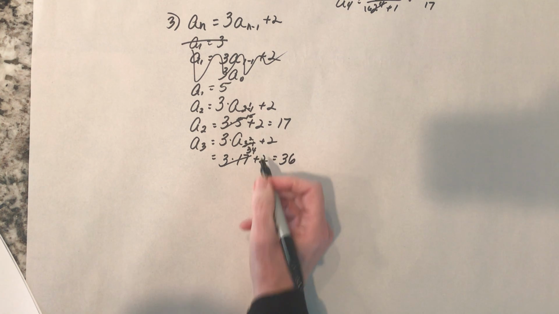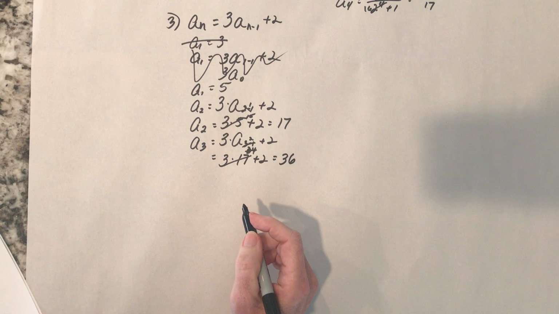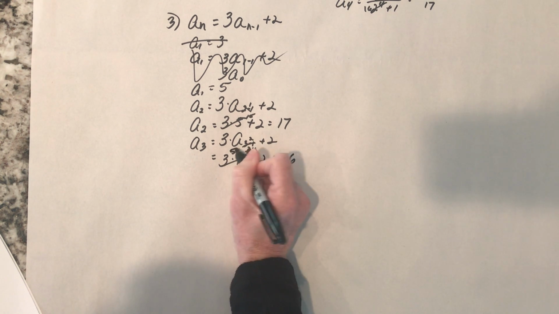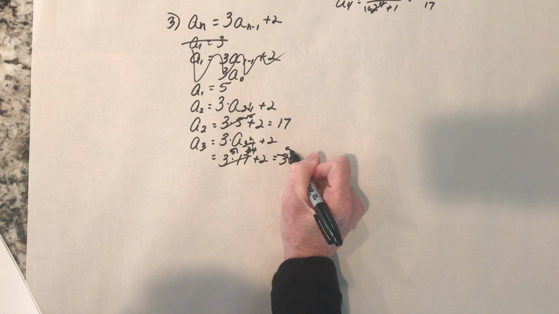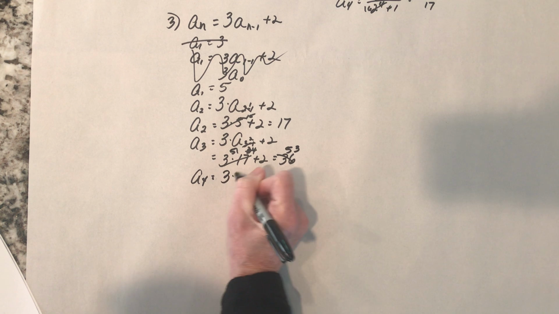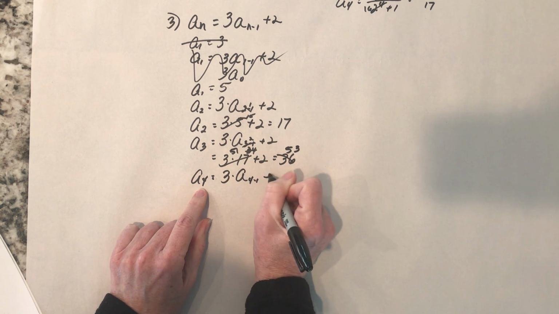3 times, not 2 times, 3 times 17 is 51. 3 times 7 is 21, yeah, 51. So 51 plus 2, which is 53. We need the fourth term, that's 3 times a sub n minus 1.